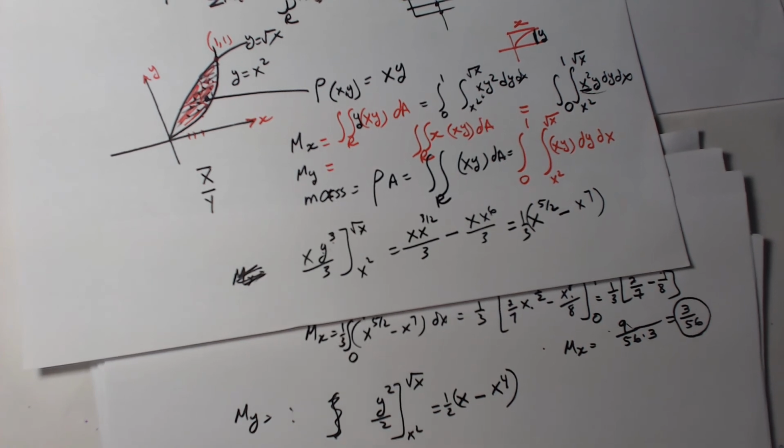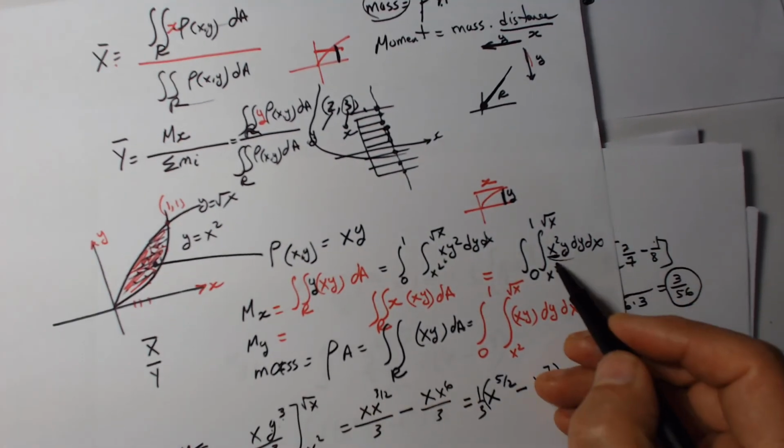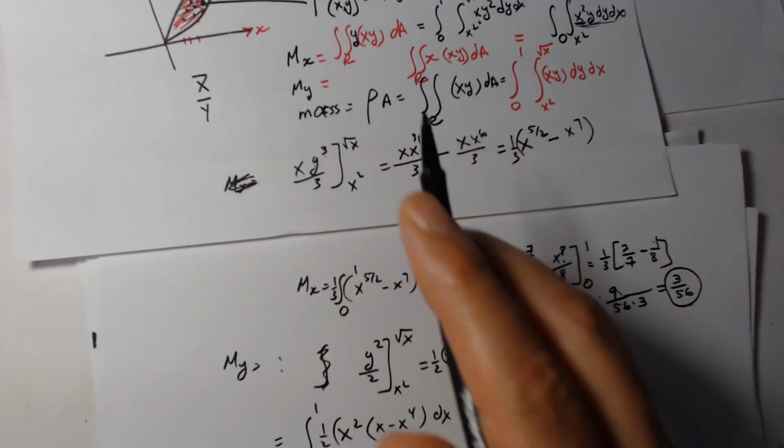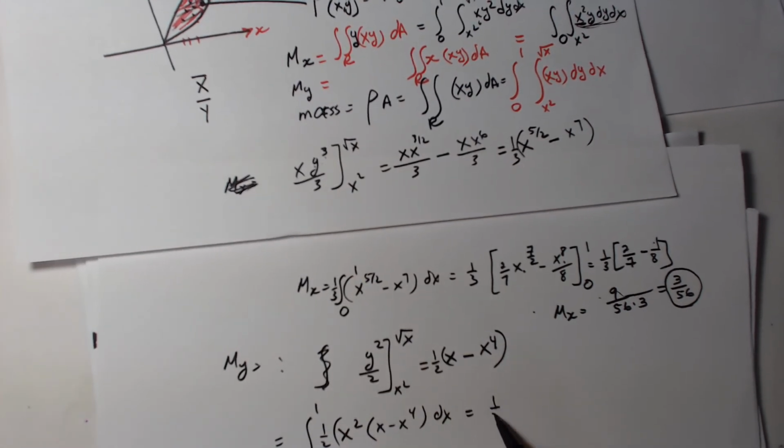Therefore, my moment about the y is equal to: I have an x squared, I have an x minus x to the power of 4, I do have a 1/2 here, and I go from 0 to 1 dx. I think I did everything correctly. Then the answer is 1/2.